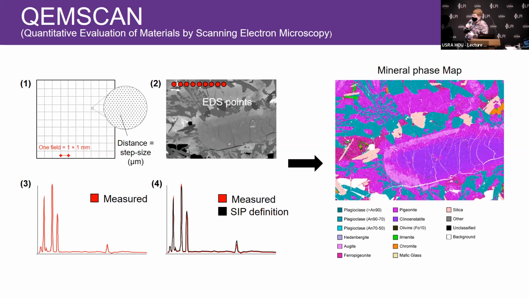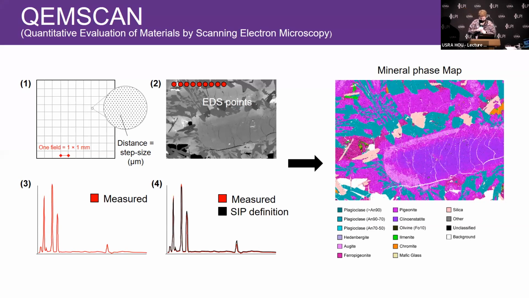And so at each point, the system takes an EDS point and it takes backscatter brightness, and it'll use these measured data to compare it to a SIP list, which is a species identification protocol list. Essentially, this is a big mineral database of various different mineral definitions. And so it'll go through the sample, and each pixel will be matched to a mineral definition. That mineral has an associated color. And as you can imagine, it builds up gradually a picture of the minerals in your sample.